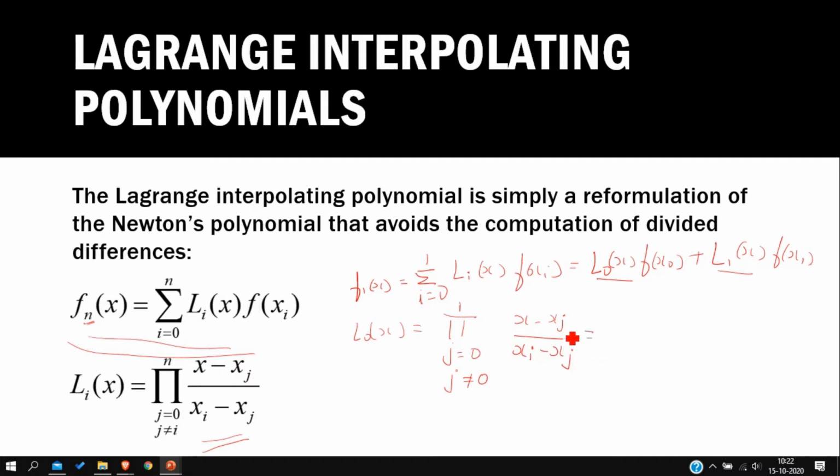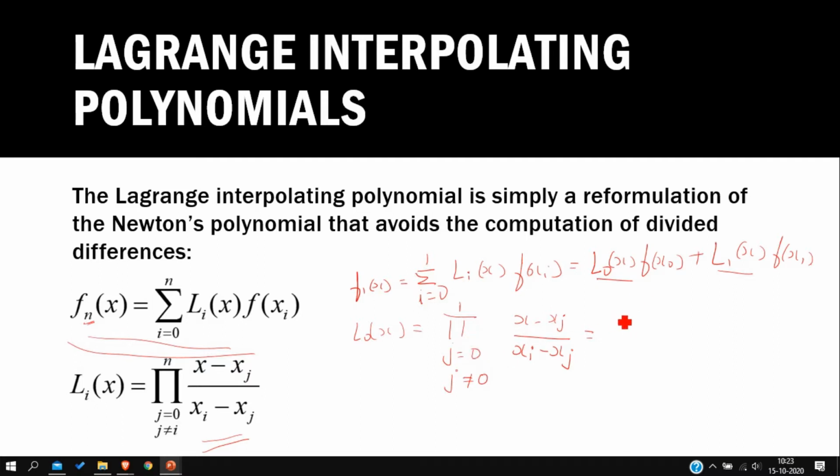So this is pi, which means multiplication, not sigma, which means summation. Pi means we will be multiplying continuously. In this case j varies from 0 to 1, but j equal to the i value should be omitted, that is j equal to 0, that value we have to omit. So j varies from only 1, there will be only one j, that is j equal to 1, because 0 we cannot consider.